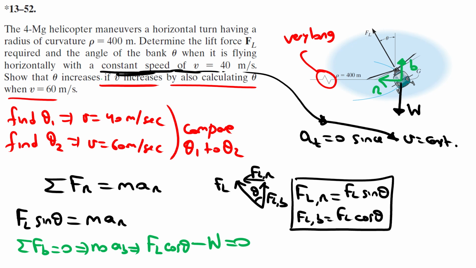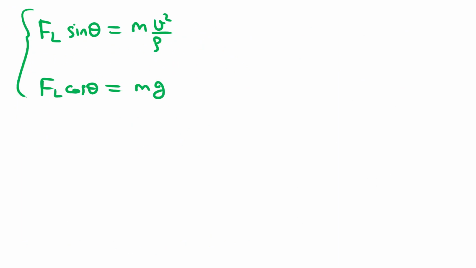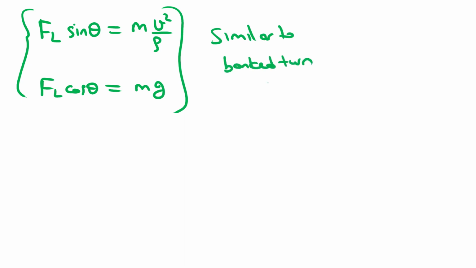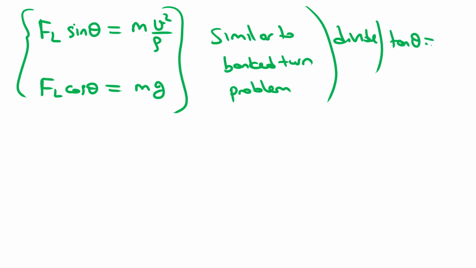So FL sine theta will be equal to m v squared by rho, and FL cosine theta will be equal to m g. Okay, that is similar to the banked turn problem. If we divide, tan theta will be equal to v squared by rho g.